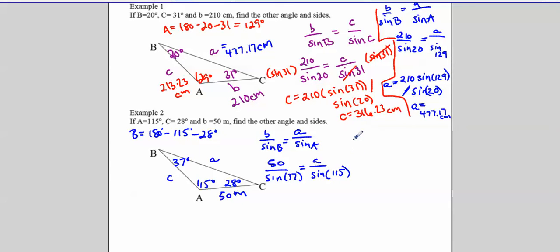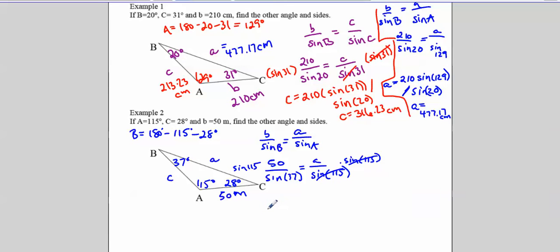So now if I multiply both sides by sine 115, I get A by itself.